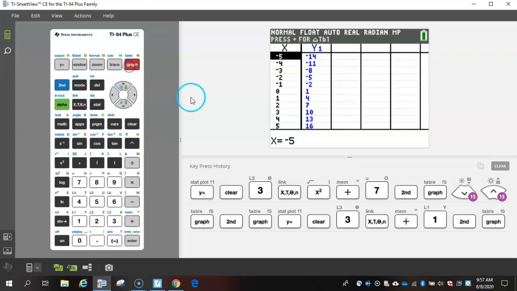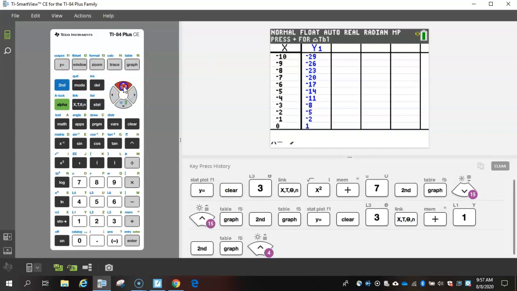Go to the table, and we're looking for the values -8, 1, 10, and 16 for the y's. Well, I see -8 here when x is -3. I see the value 1 here when x is 0. I see the value 10 here when x is 3. And the value 16 here when x is 5.